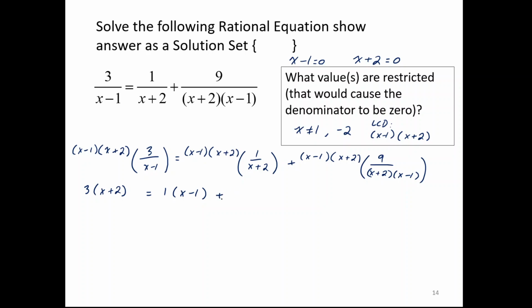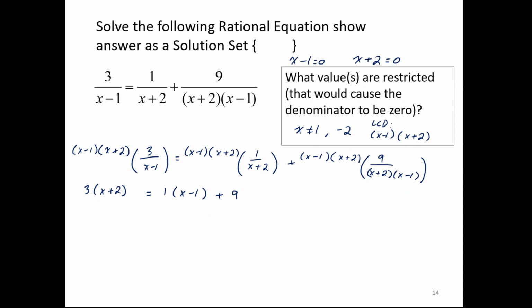And then our last term will have a plus, and x minus 1 times x plus 2 multiplied by 9 over x plus 2 times x minus 1. The x minus 1 factor reduces, as does the x plus 2 factor, so we're left with 9. So our new equation is 3 parentheses x plus 2 close parentheses equals 1, open parentheses, x minus 1, close parentheses, plus 9.